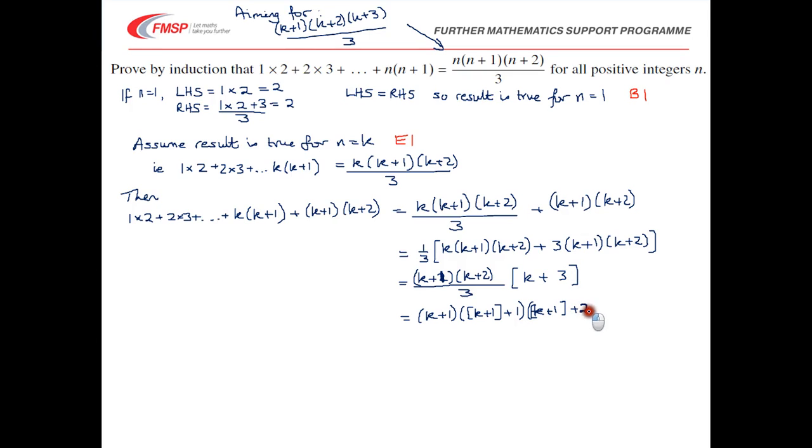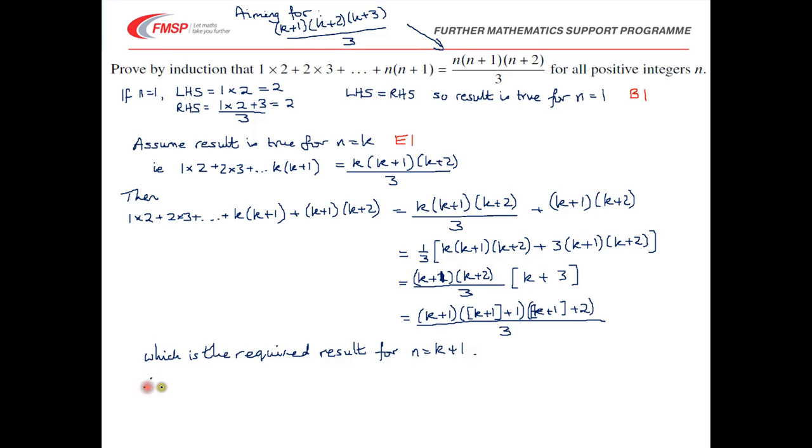So those square brackets are obviously not mathematically necessary, but they really show that I've got it exactly in the right form, and I can then say which is the required result for n equals k plus 1.